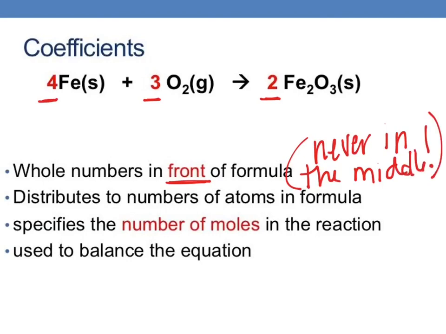So I cannot say Fe2O3 with a number in the middle. You cannot put a whole number right there in between your compound just to get to where you need to go with your number of atoms. So it's never in the middle of your formula.